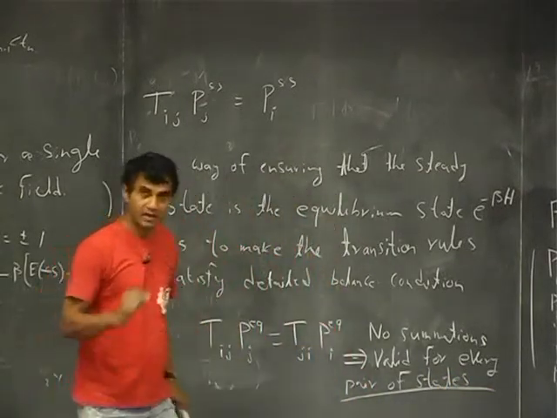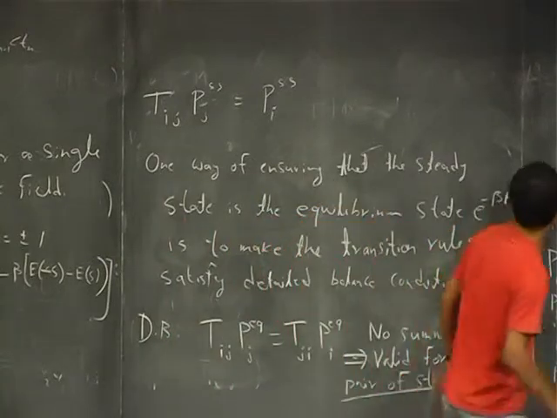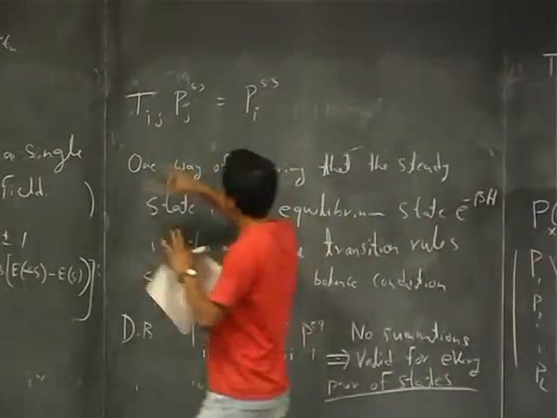So it's valid for every possible pair that you can choose. Okay, and here of course there's a summation.